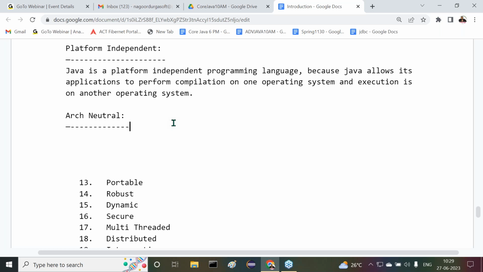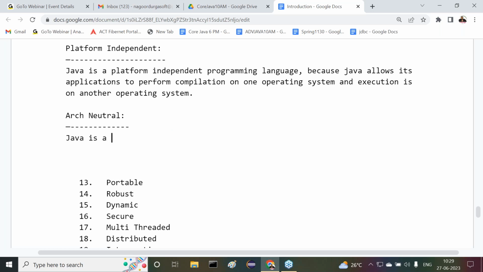If you take the deeper concepts, they are available, but not required. Just leave this one. Very simple point. Platform independent means operating system independent. Architectural neutral means hardware independent.